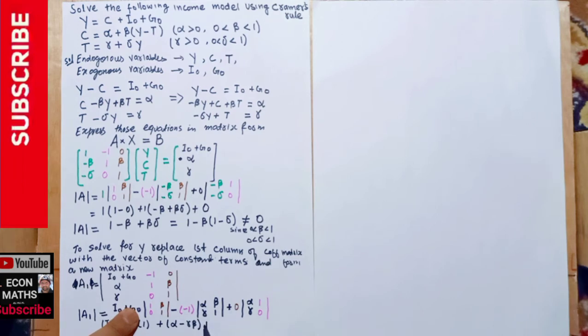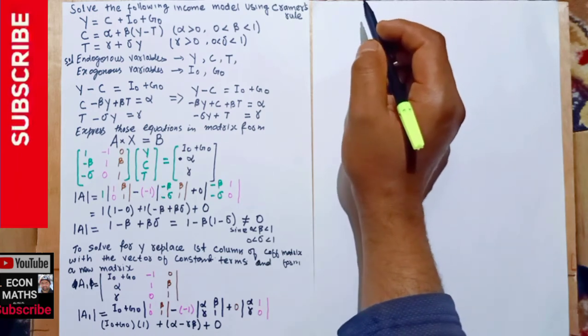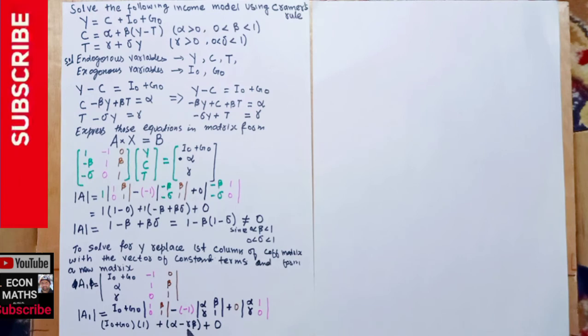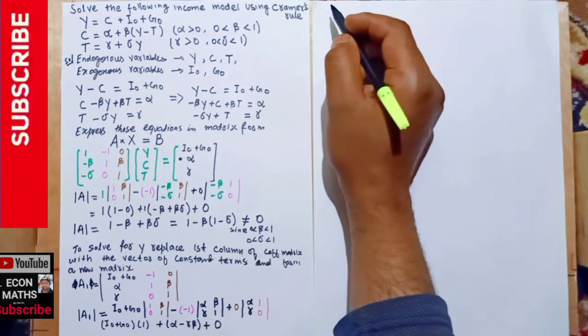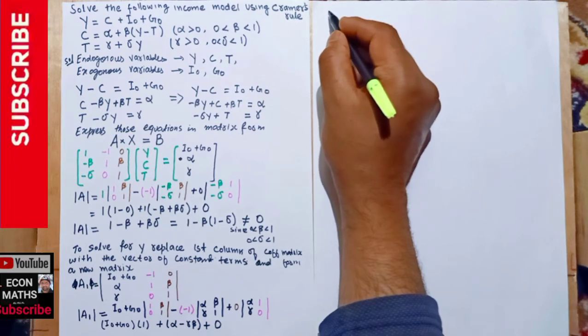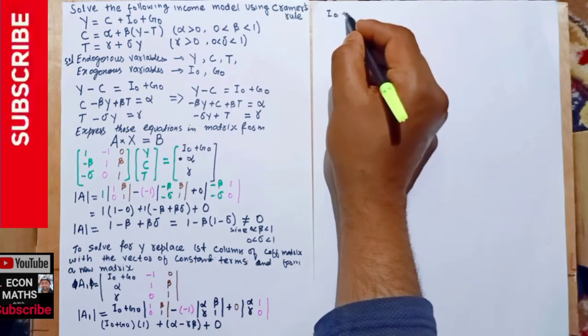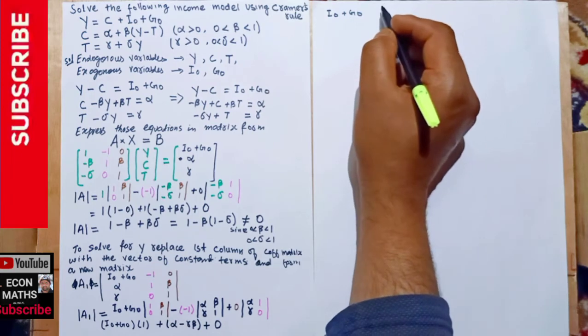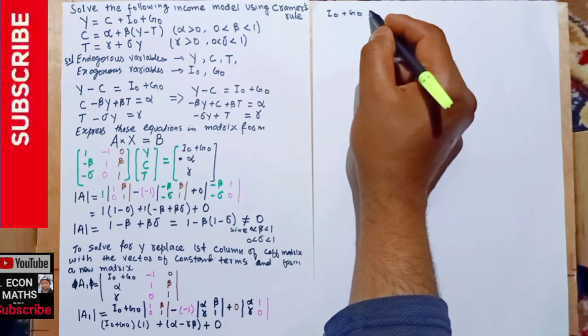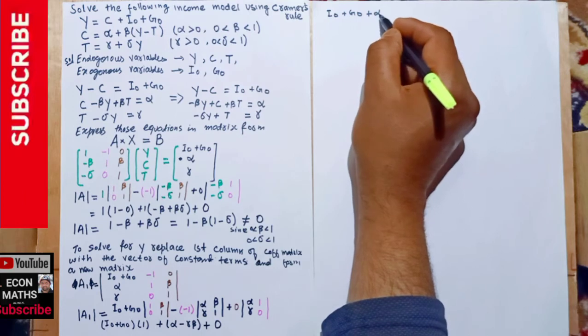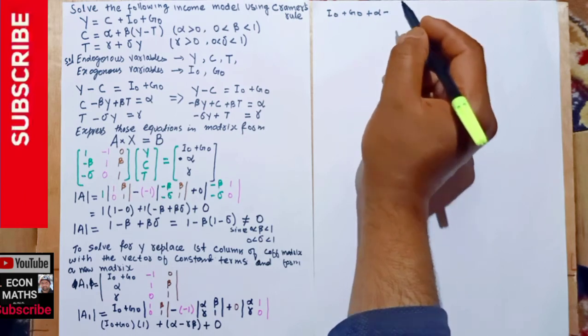Similarly here it is plus. Now 0 times the determinant is 0, so I will not write this, because 0 into anything is also 0. So I will write this as it is, that is I0 plus G0 plus alpha minus this gamma beta.